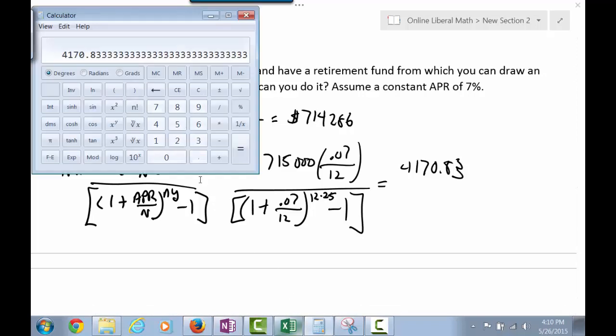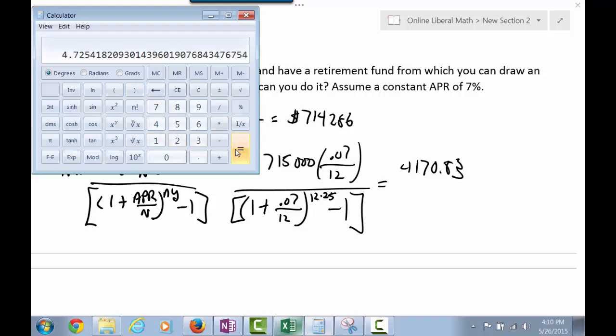That denominator is the tricky one here. So 0.07 divided by 12 again, and I'm going to add that to 1. We're going to raise this to parentheses 12 times 25, close parentheses, and then subtract 1 from it.